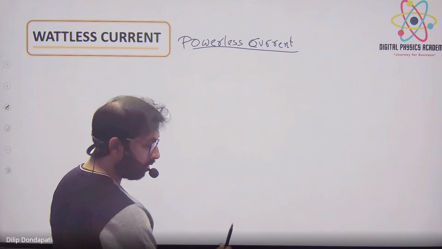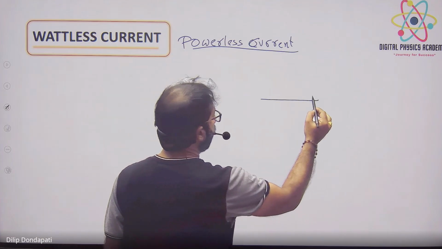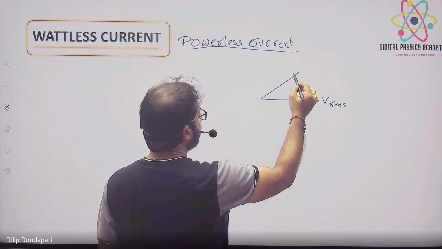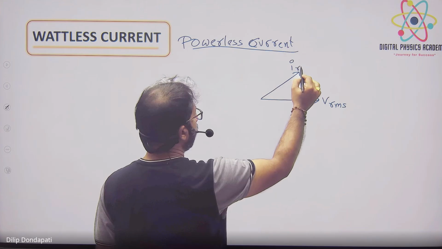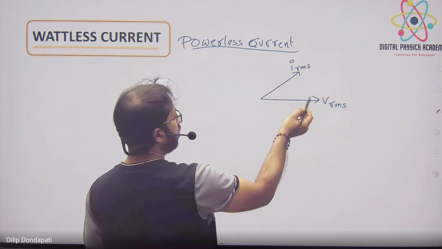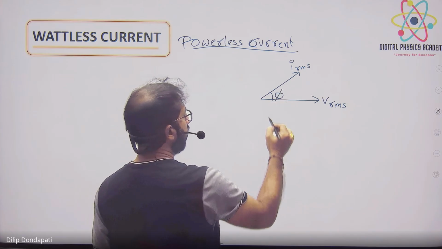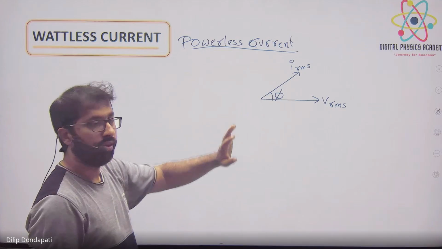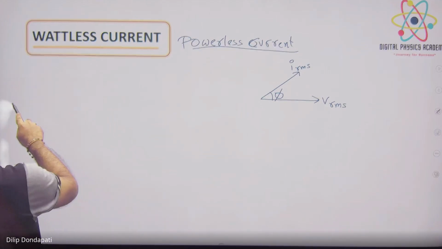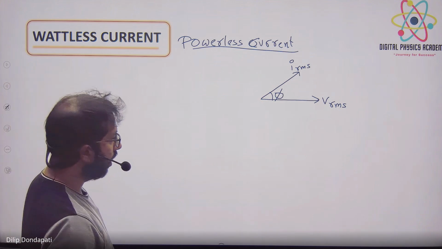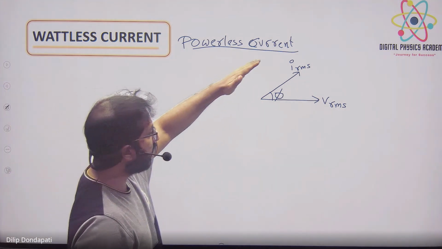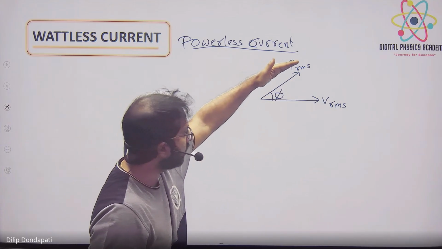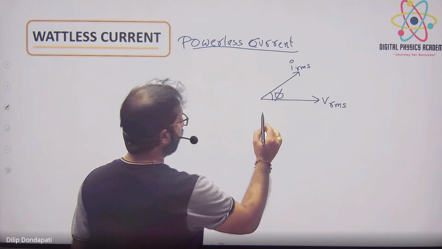So देखो, एक बार suppose मान लो VRMS and IRMS. Current leads voltage by phi or lags, कुछ भी होने दो. It can be RL, RC, anything. In general we are trying to find wattless current. When I take the components, what is the x component?